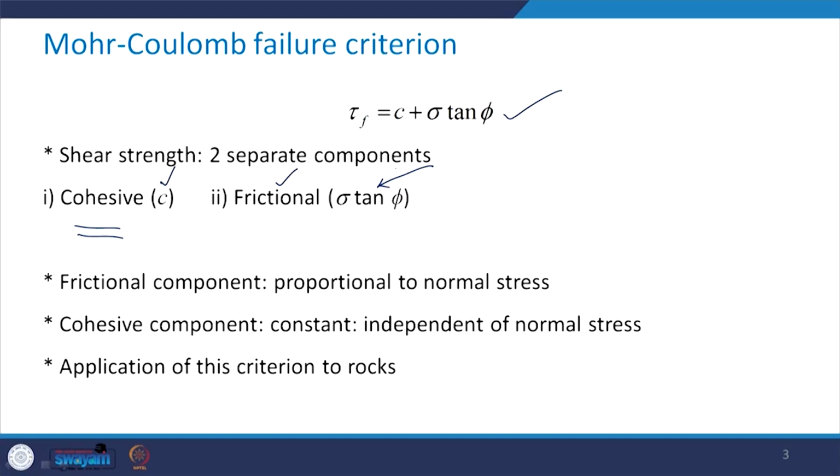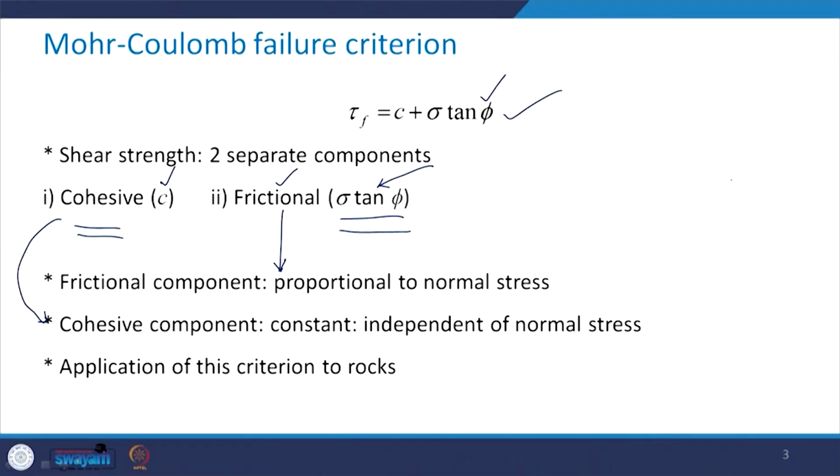Take a look at this frictional component: it is equal to sigma tan phi, so we can say it is proportional to the normal stress. However, the cohesive component is constant and independent of the normal stress.